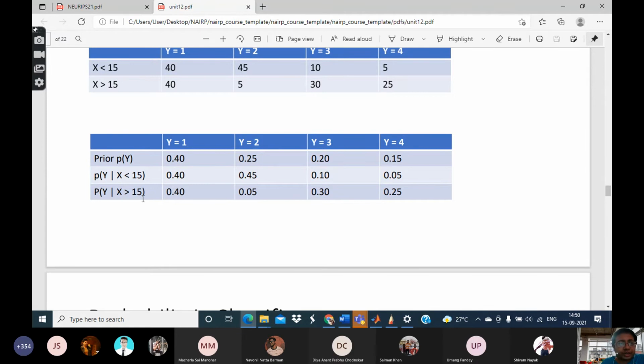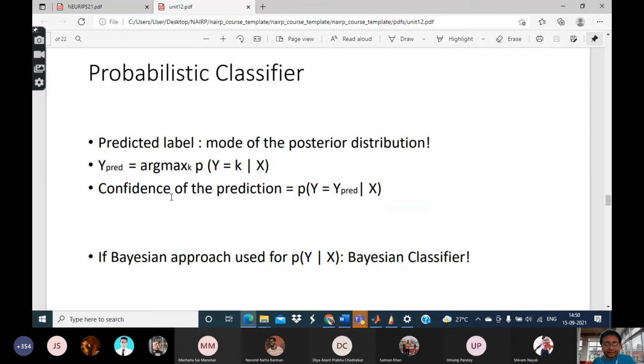But if x is like 23, this is the distribution you should be considering, and in this case you find that the modal label is 1. So in that case you will predict the label to be 1. But whatever you are predicting, you will have a confidence of making that prediction.